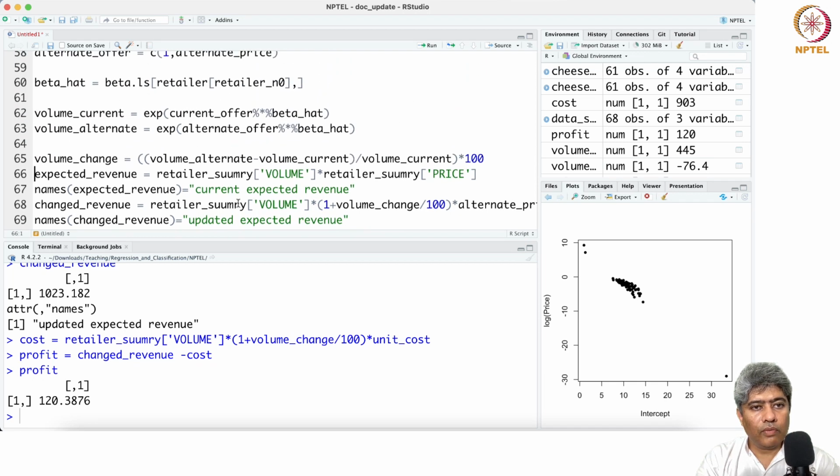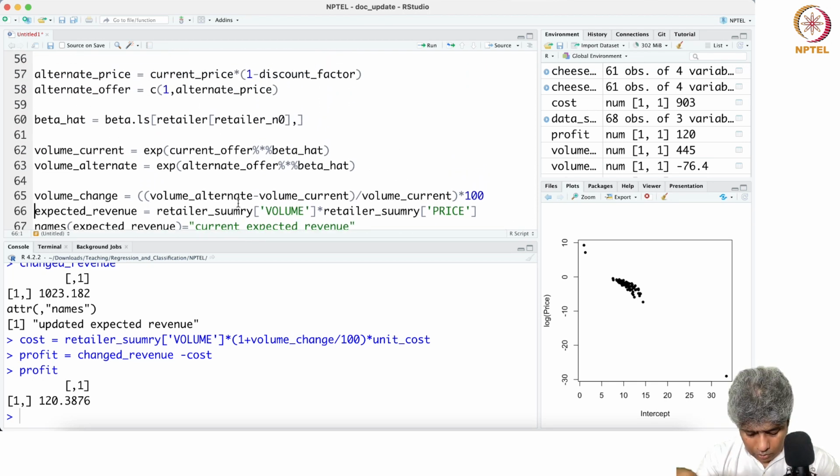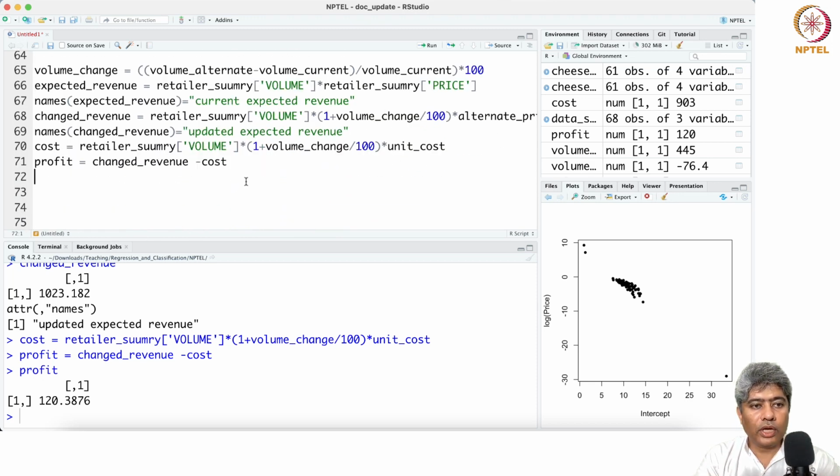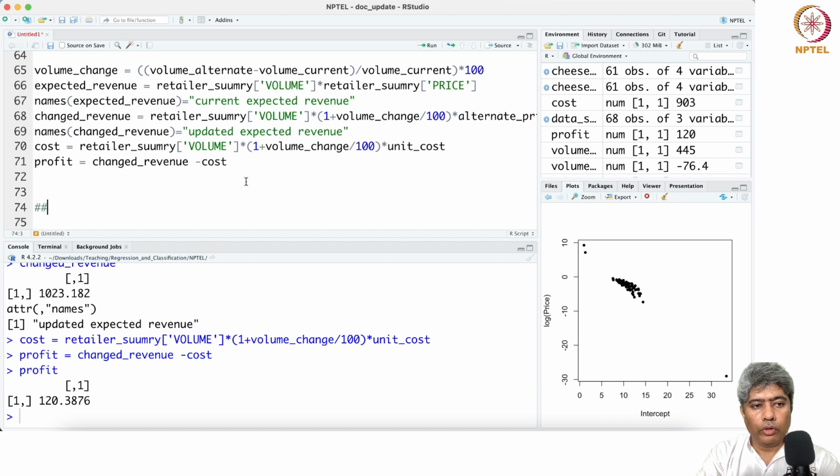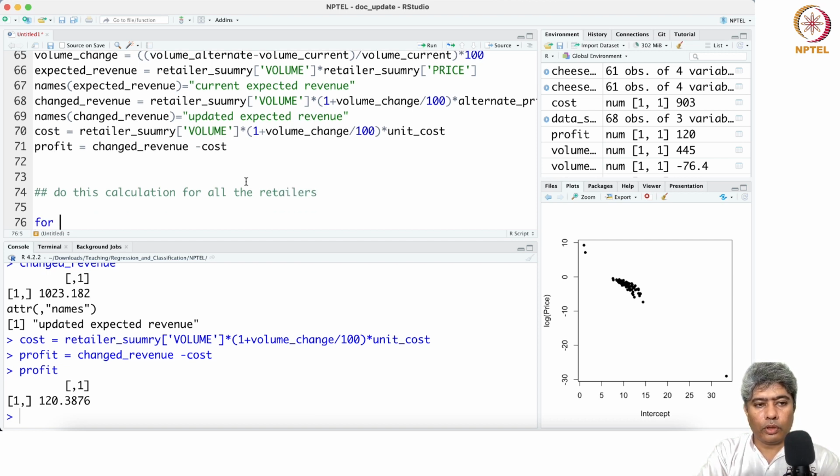So now what we will do, we will put it into a loop, we have to do this calculation for all the retailers. Do this calculation for all the retailers, for i in retailer.